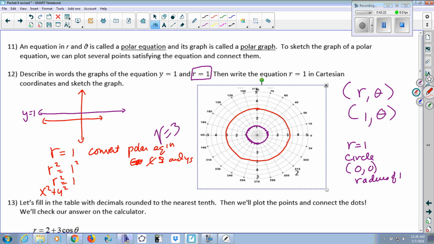And there's your circle centered at the origin with a radius of 1. So believe it or not, sometimes it's easier for some of our more familiar shapes to be written in polar coordinates. This is a lot easier to write and graph than dealing with this. And then certainly there are other times when your Cartesian equations are much easier than the polar equations. Okay, we all set with the circles?